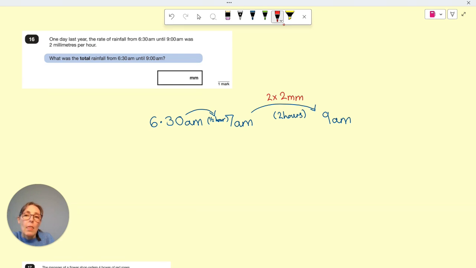Okay. And then per hour, 2 millimeters. So half an hour is going to be 1 millimeter. So 6:30, 7:30, 8:30, 9, 2.5 hours. So we've got 2 lots of 2 millimeters, which is 4 millimeters. And then we've got 1 millimeter. So I think that the total rainfall is going to be 5 millimeters.